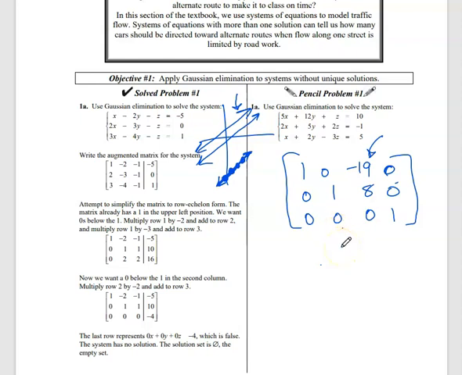If you think about what these rows represent, they represent equations, and these equations are fine. This equation goes x minus 19z equals 0. That gives a relationship between x and z. There's this relationship, y plus 8z equals 0. That's a relationship between y and z.